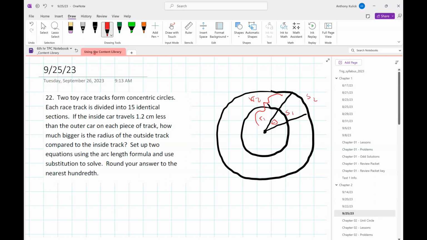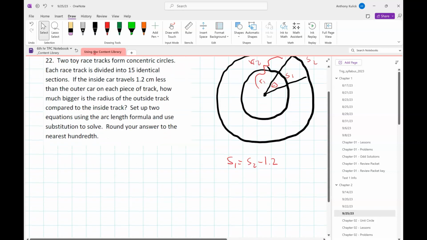It says if the inside car travels 1.2 centimeters less than the outside car on each piece of track, what that's saying is that S1 is equal to S2 minus 1.2. Everybody's okay there? So the arc length S1 is 1.2 less than the arc length for S2.